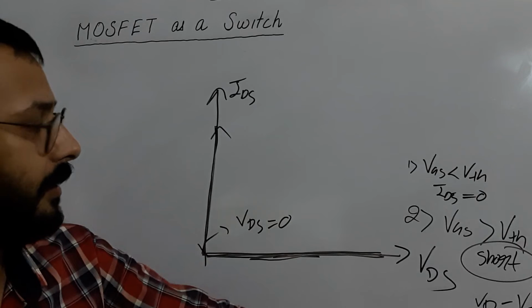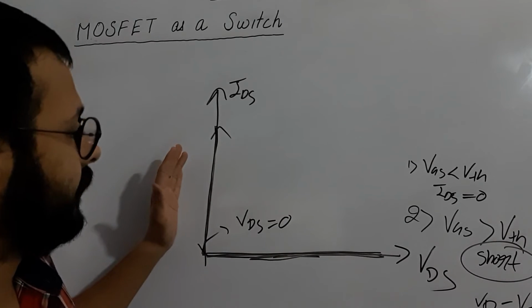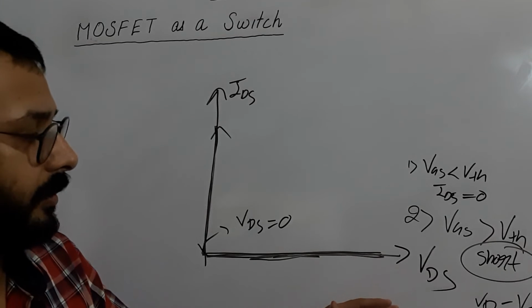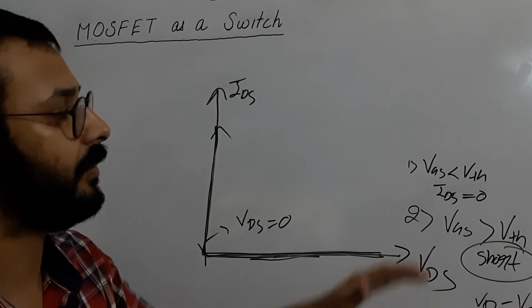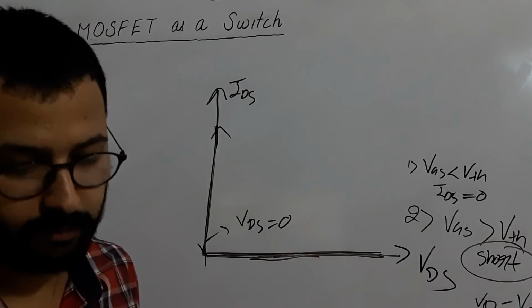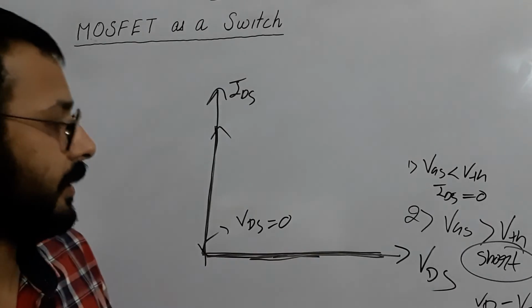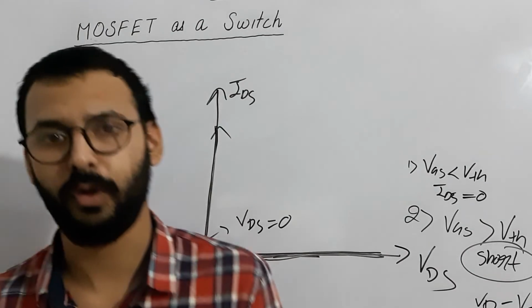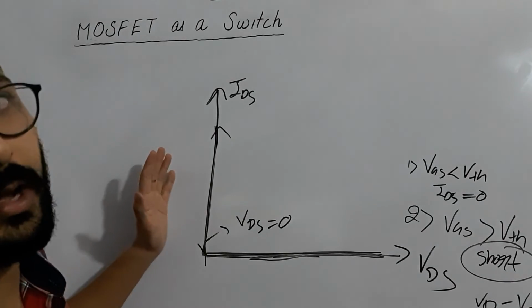So this is the characteristic plot. I have plotted the graph between VDS and IDS, with VGS as the function of this plot. This is the basic working of how MOSFET works as a switch, and right now I am just talking about the ideal condition. As you remember, this plot is very similar to the ideal diode.